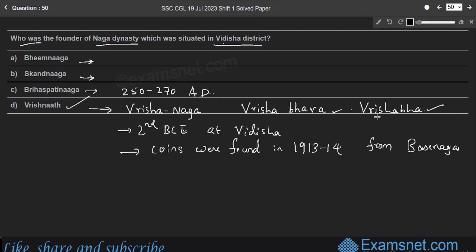Bhimanga ruled Naga dynasty from 210 BCE to 230 BC. Skandanaga ruled from 230 to 250 AD. Right? So Vrishnath was the founder of Naga dynasty. Option D is the right answer.